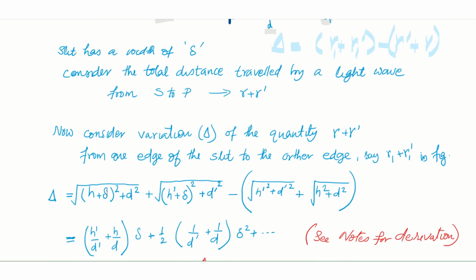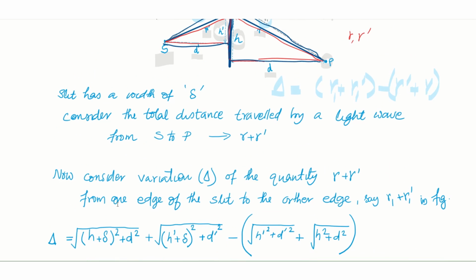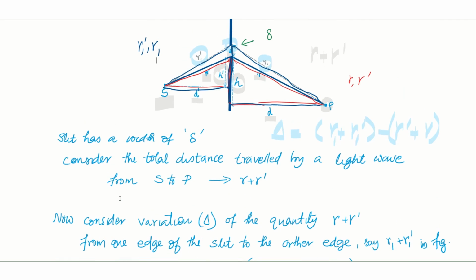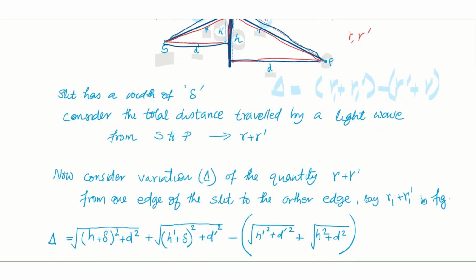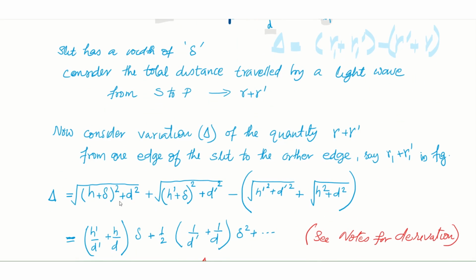If you do that, this is h plus delta all squared plus d squared, that is r1. This quantity here is r1, this quantity here is r1 prime, this quantity here is r, and this is r prime.